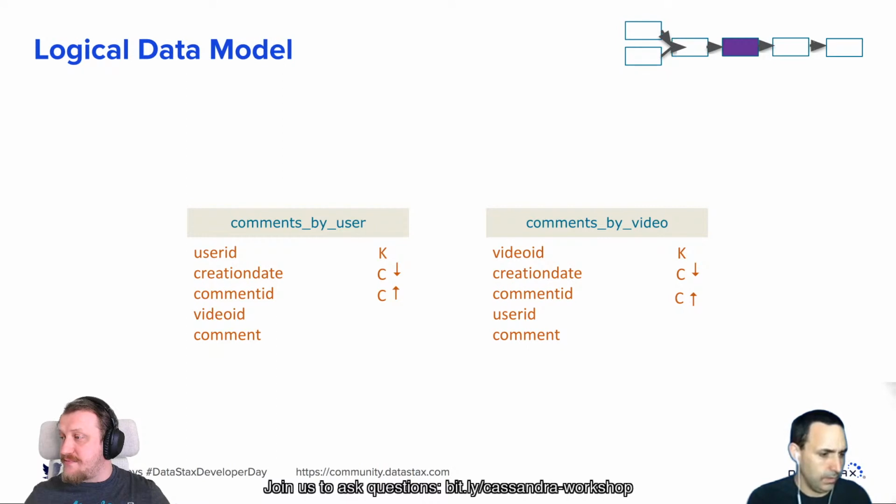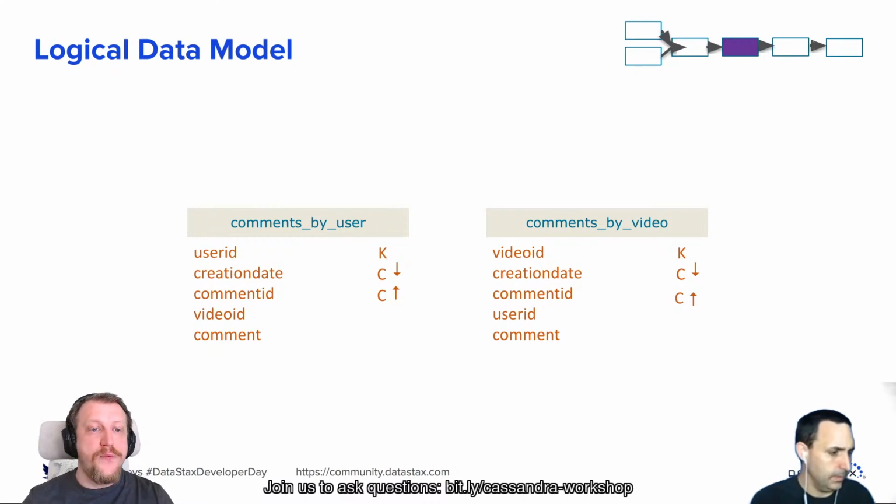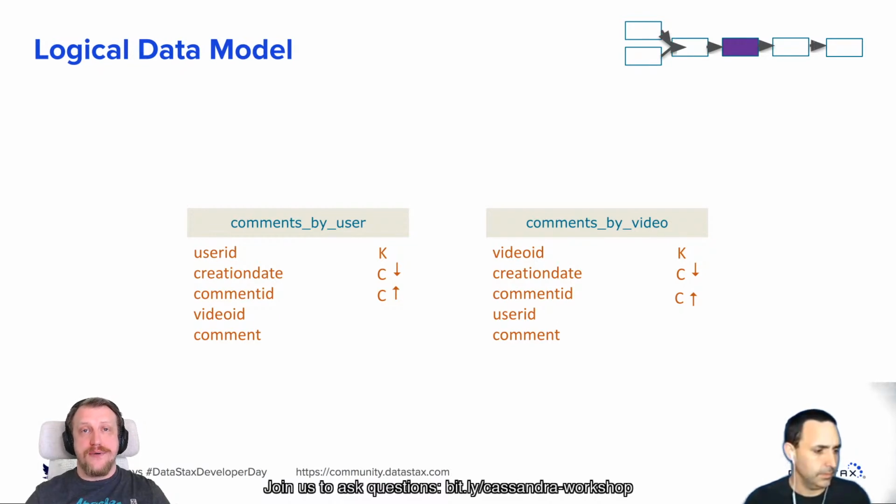And the correct answer is, when we fetch comments by a user, we know user ID, but we do not know video ID. As we fetch comments by user, we know user ID, and then we are able to retrieve them as a single partition stored by user ID in a very simple query.